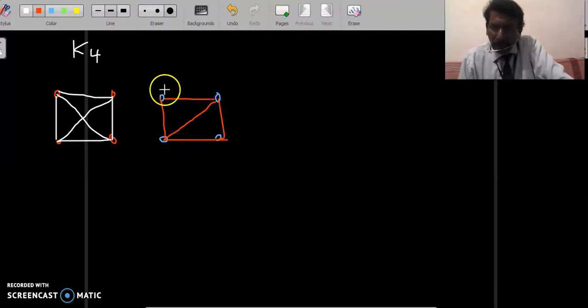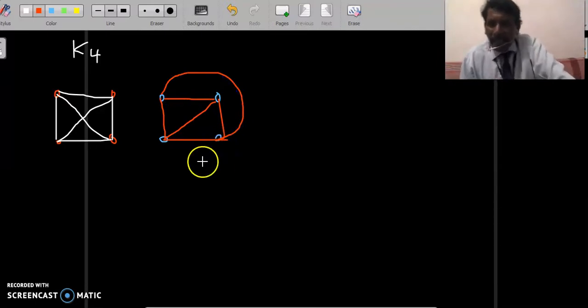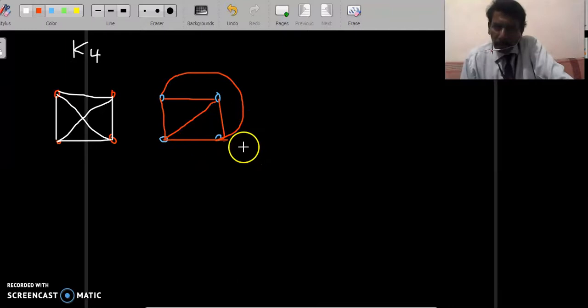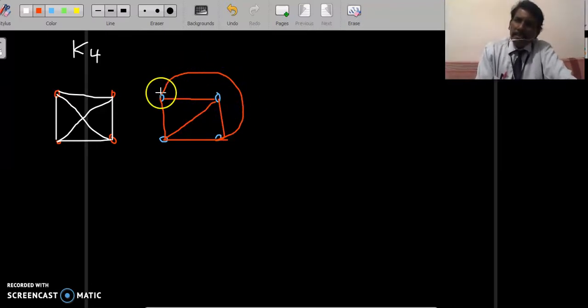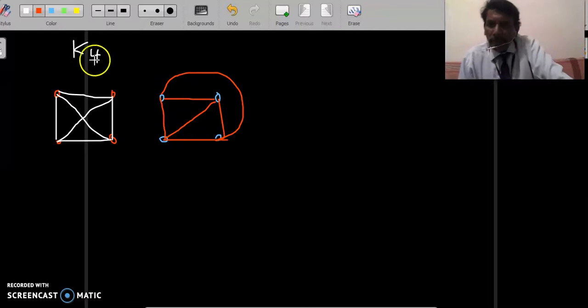Instead of joining this vertex and this vertex directly, I am joining them this way. Again it is planar, because each vertex has edges but they don't intersect one another. Therefore this is also a K4 graph, and it is planar.